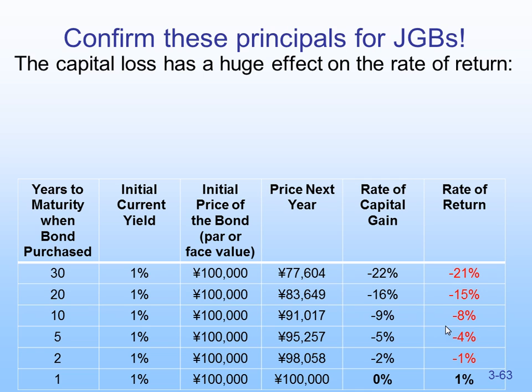Is it possible that, because supply goes up rapidly, the price of the bonds goes down even further, or is it not like that? Well, that could happen.